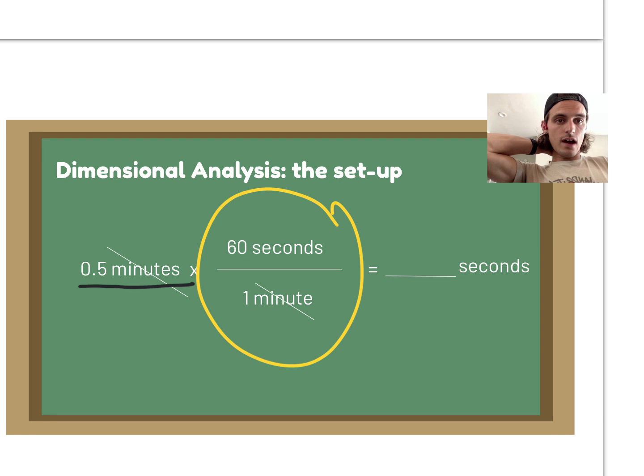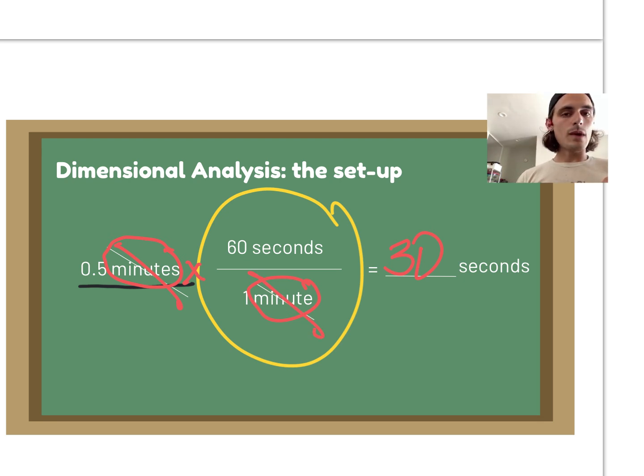So we're going to go 0.5 minutes multiplied by 60 seconds, and that gives us 30. The reason we only have seconds at the end and no minutes at all is because if you have minutes on the top and minutes on the bottom, they cancel each other out.